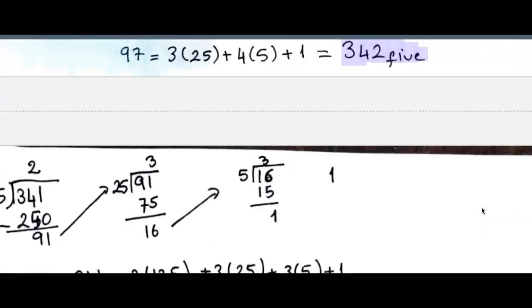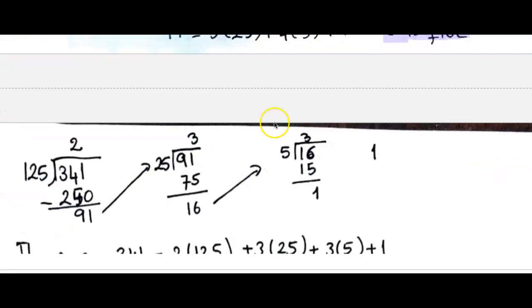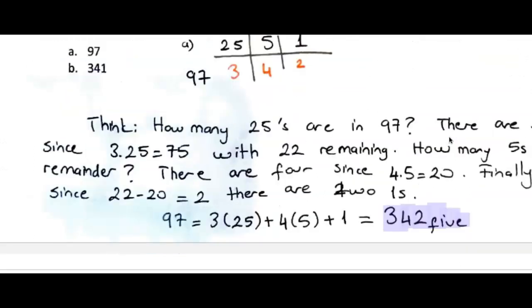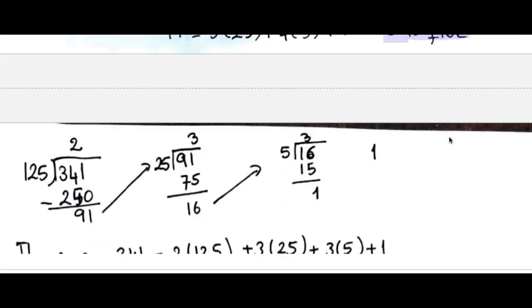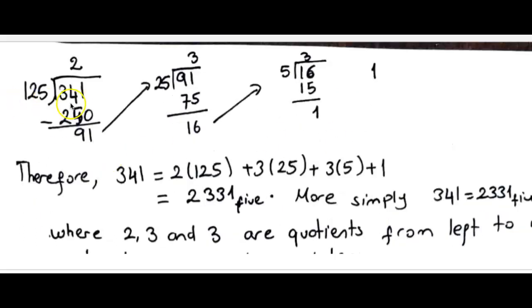Now let's look at this. How did we do with the other number? What was the other number? Let's look at the other number, 341. I am doing the long division, which is more systematic. I'm going to take the 341 and I know 125 goes into this.